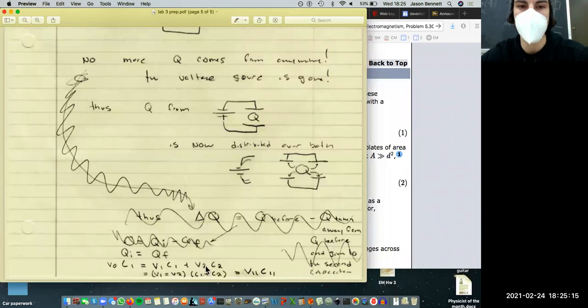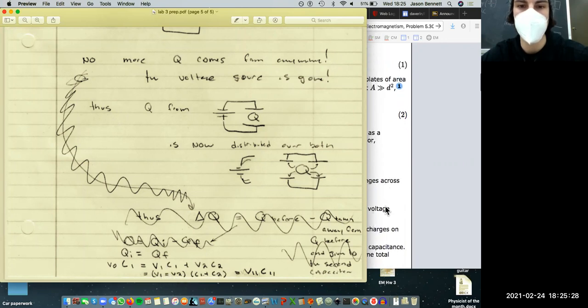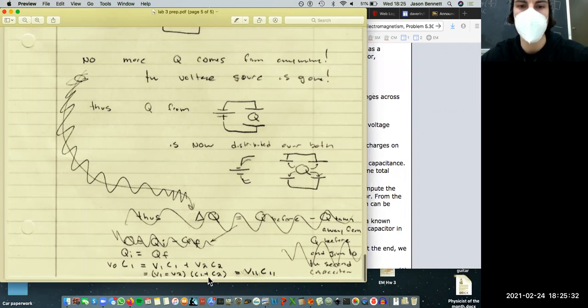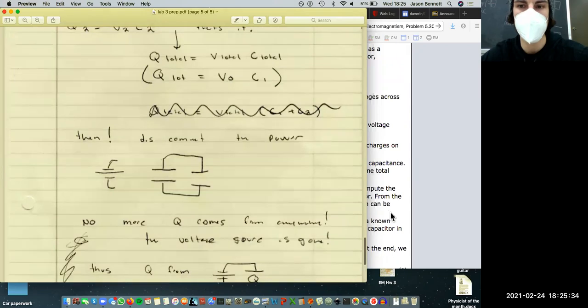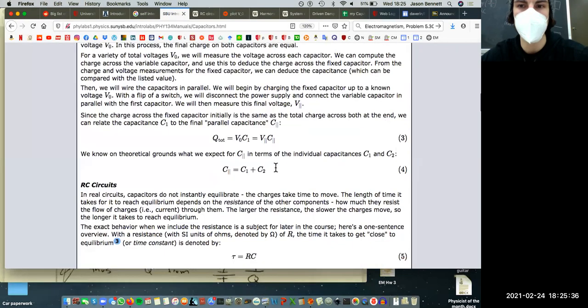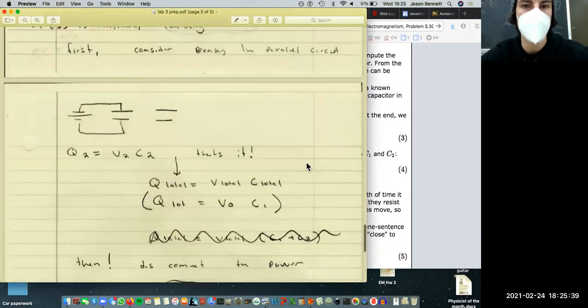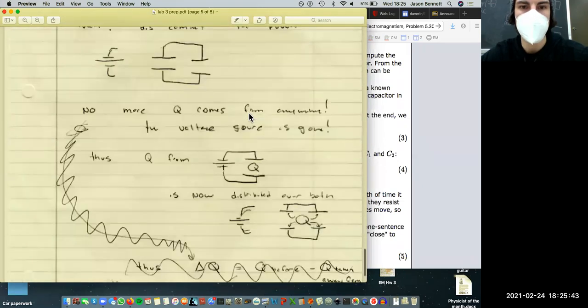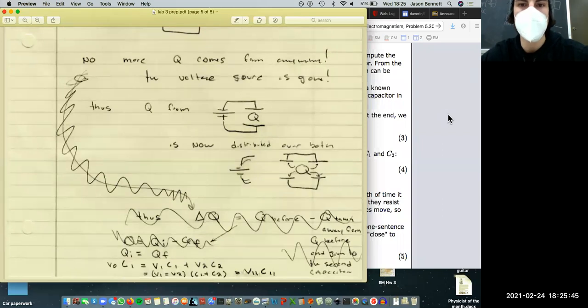So I can call that V, factor it out, and then I have C1 plus C2 times V, or as they call it in the lab manual, V parallel. And right here is what we already derived. So again, I think this is done in the wrong order. You should derive 4 before 3, because we have 4 right here. And so that's what that means.